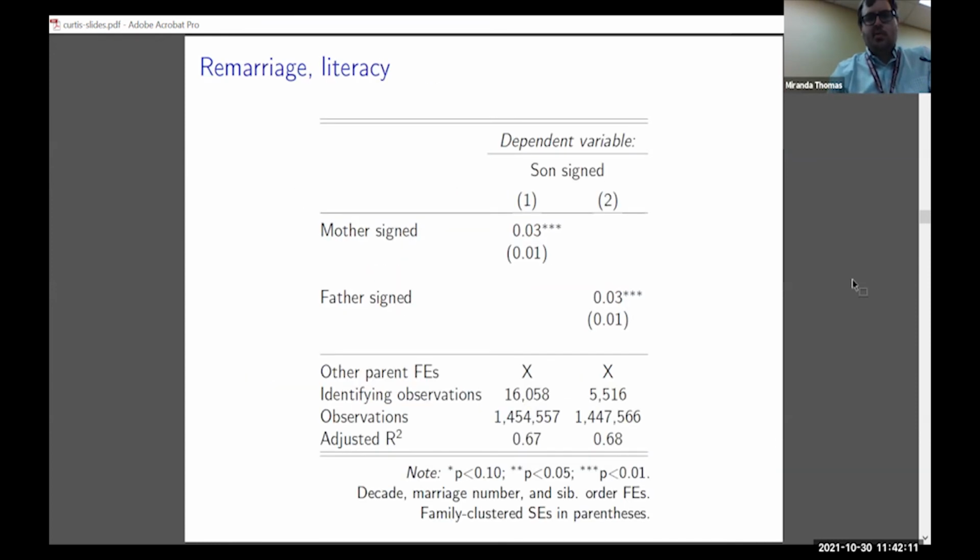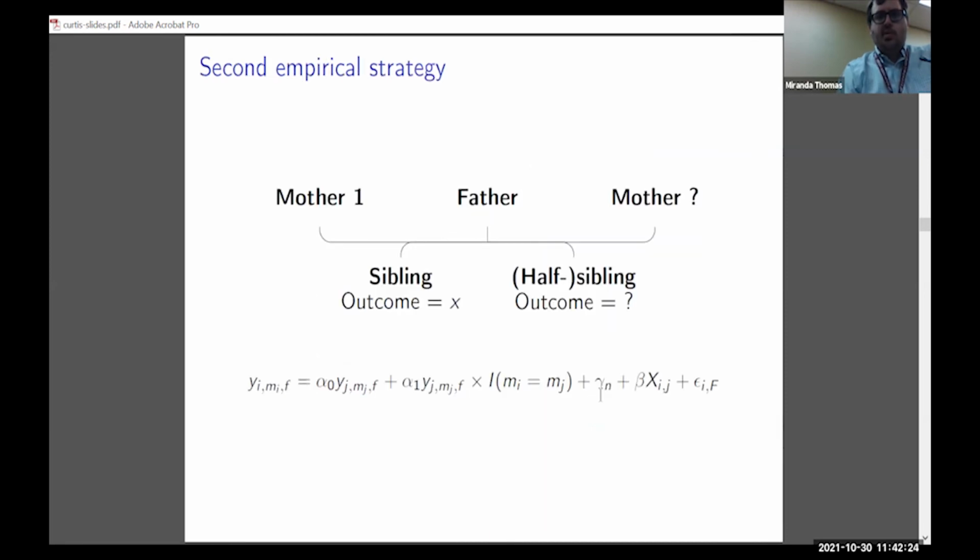The second empirical strategy deals with the fact that there's very few identifying observations here. There aren't that many cases where you remarry and your second spouse has a different literacy status. So here, the approach is to directly compare two children who share one parent. They may or may not share the second parent, but I know that they share at least one parent.